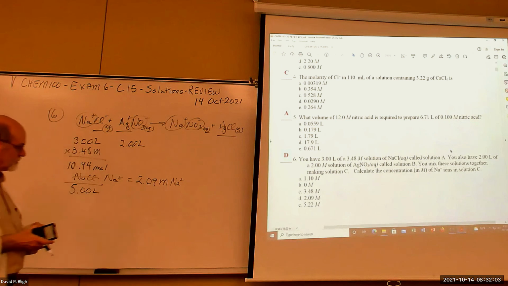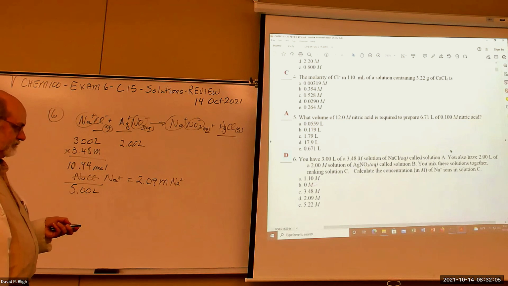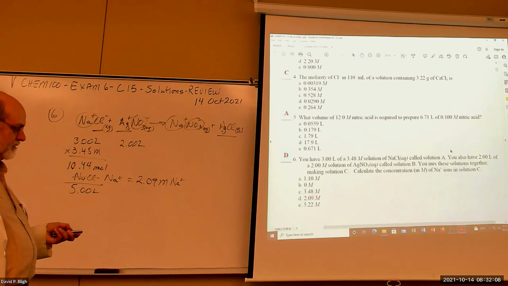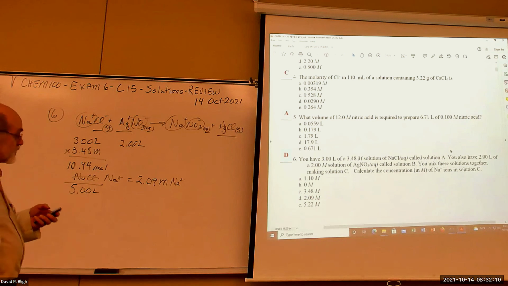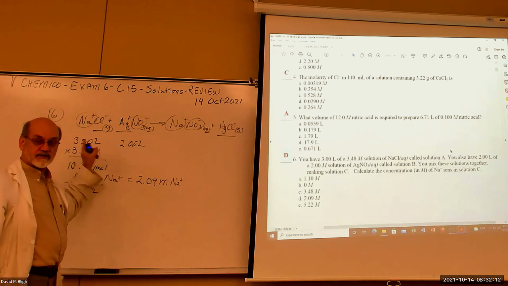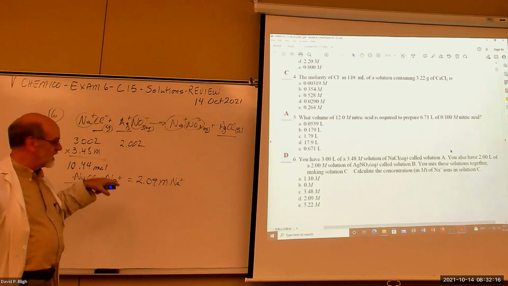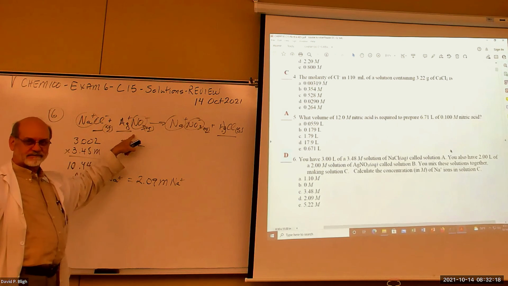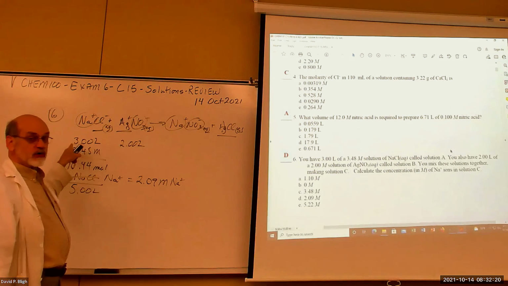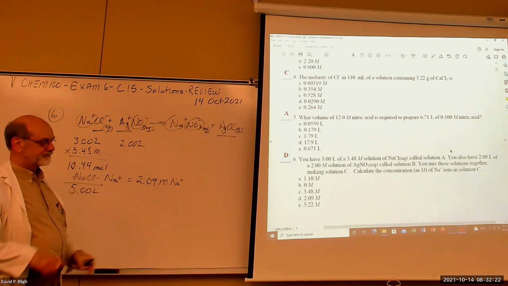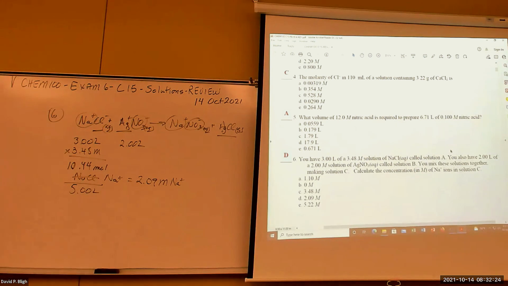There we go. And there's your answer. The point of this exercise is to recognize that sodium is a spectator. Its concentration changed because we diluted it. But we didn't use any sodium in the reaction. Okay, that was 6.